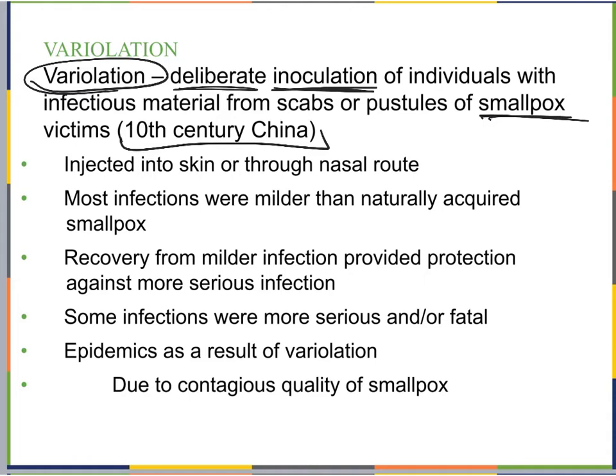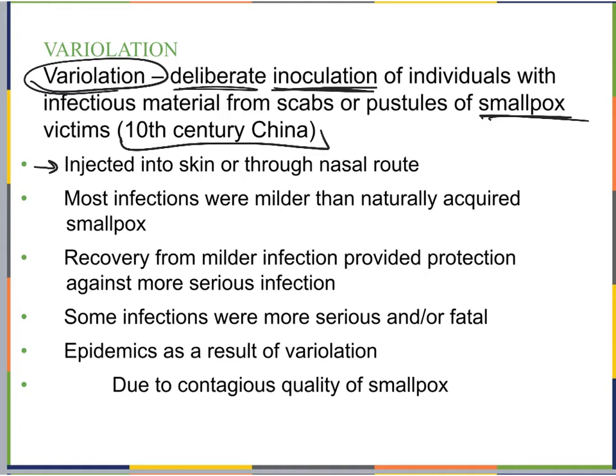So what they would do is they would take victims of smallpox, those that were sick and had scabs from the rash and pustules forming from the smallpox, and they would take material from a person that was sick, and then they would inject it into the skin, or they would put it in a device and blow it into the person's nose.